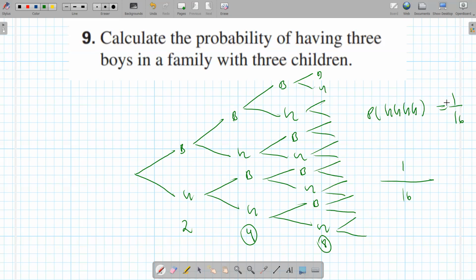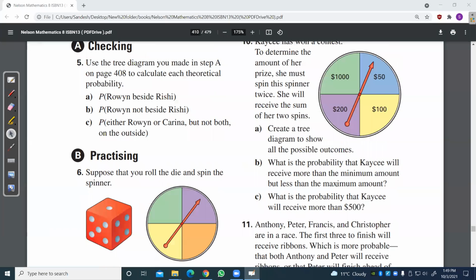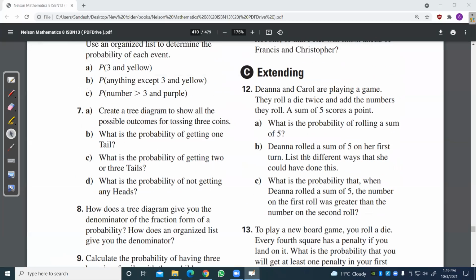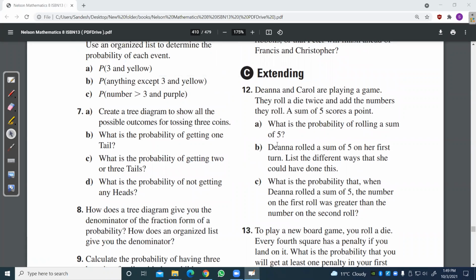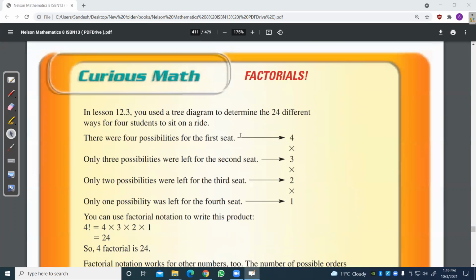Can happen, but unlikely to happen. That makes sense?